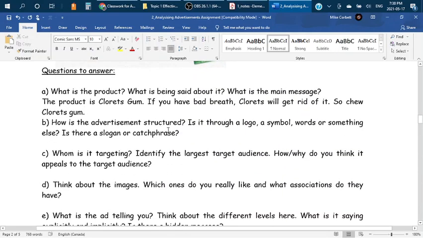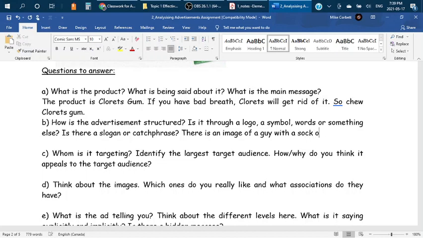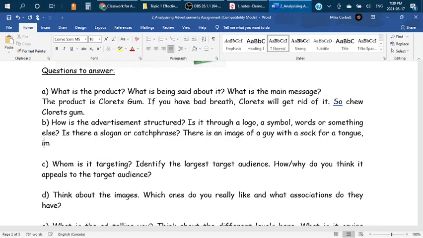How is the advertisement structured? Is it through a logo, a symbol, words, or something else? Is there a slogan or catchphrase? So again, there is an image of a guy with a sock for a tongue, implying he has bad breath.